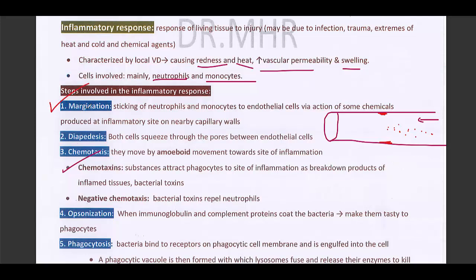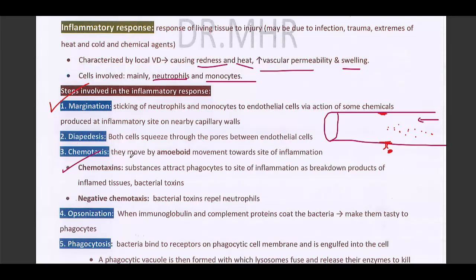This is margination. Then diapedesis makes the cell squeeze itself through the small pores from the capillary to the interstitial fluid outside the capillary. Now the cell becomes here.